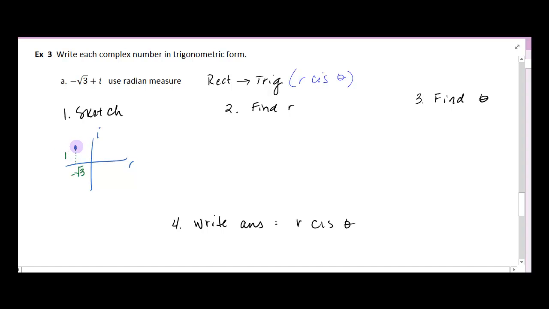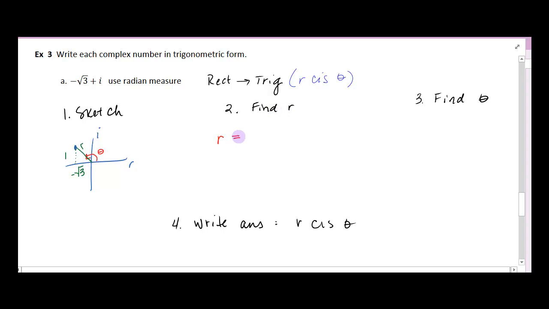And ultimately what I'm being asked to do is find r, which would be the hypotenuse of my triangle, as well as theta. I need those 2 components in order to write this in its polar or trig form. So now that we have our sketch drawn, we know that we're over here in quadrant 2. Let's go find r.